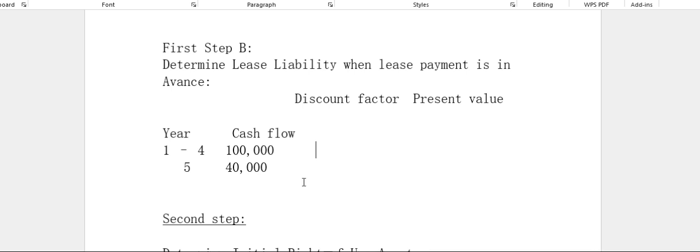Give me figure. 3.312. Is it correct? Yes. Do you understand how we got 3.312?